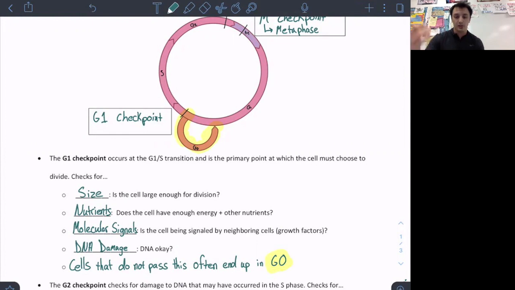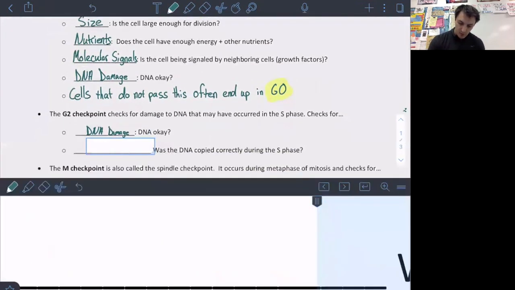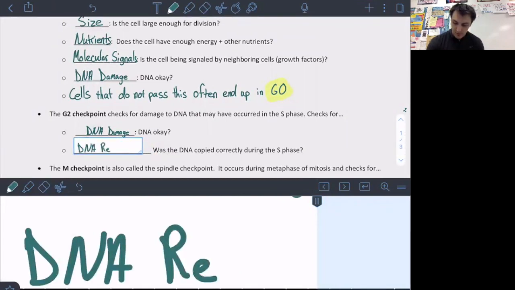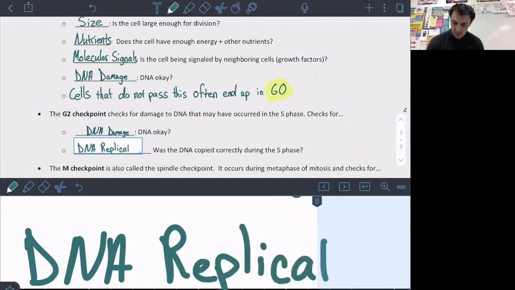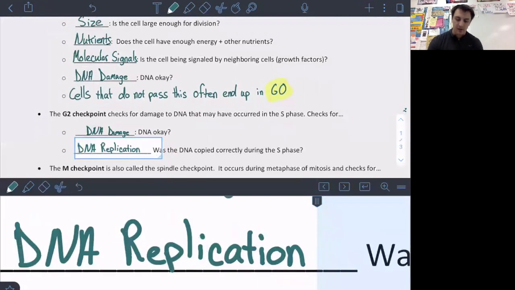So synthesis, G2, and then we get to the end of G2 and we have this checkpoint here. So it's important for us to look at DNA replication. Was the DNA actually copied correctly in that S phase? Again, we don't want to create a new cell if it doesn't have all the correct information that we need for it.